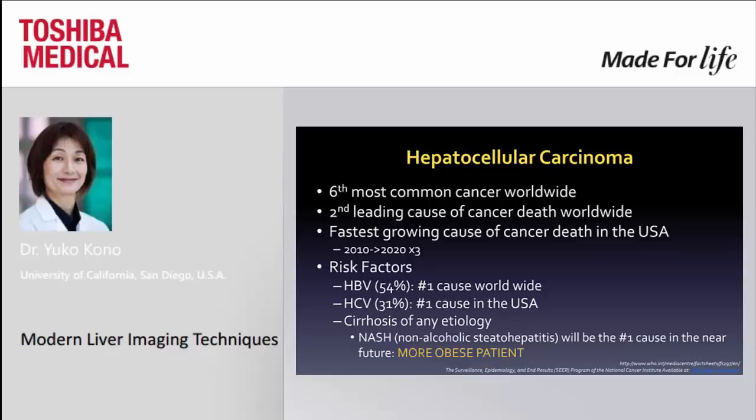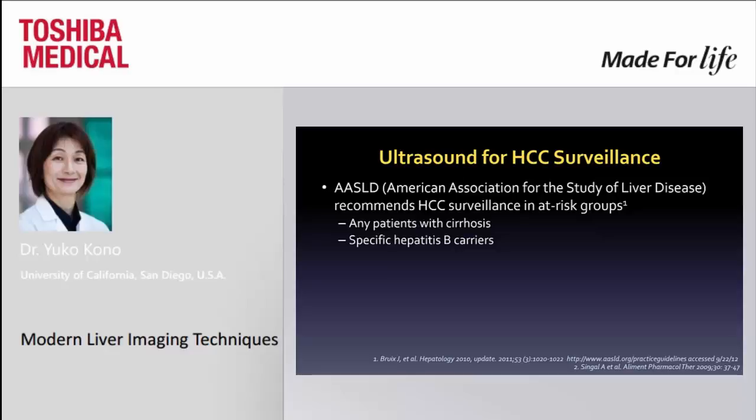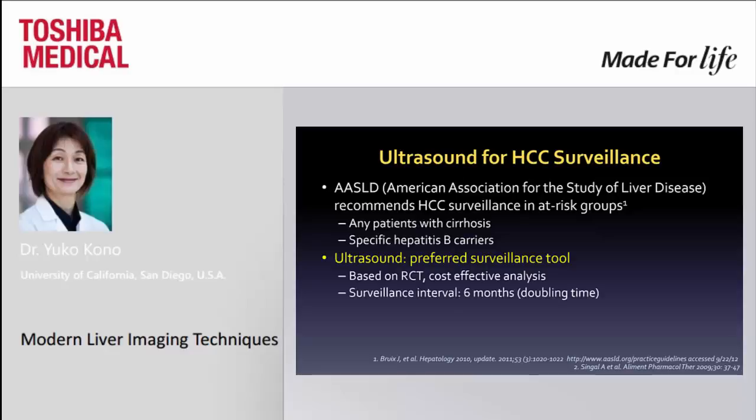So AASLD and other liver societies recommend HCC surveillance in at-risk patients, which is any patient with cirrhosis and specific populations with hepatitis B. Ultrasound is the preferred surveillance tool, and that is based on randomized controlled trials and cost-effectiveness analysis. Surveillance interval is 6 months. That is because of doubling time.